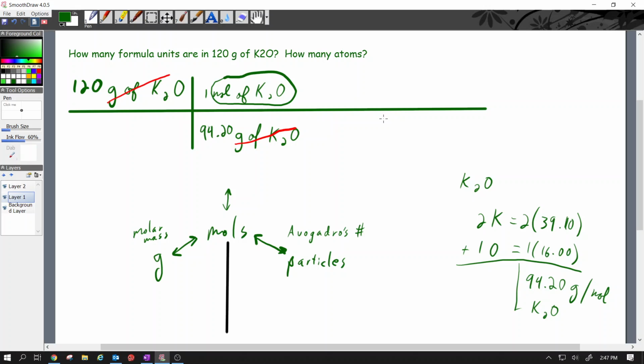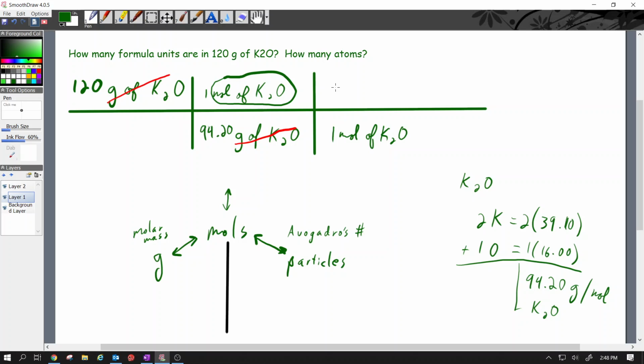So at that point, we're going to have moles. Well, if you want, you can start a new fraction grid. I'm going to continue on this fraction grid, and I'm going to say, hey, 1 mole of K2O has how many formula units or how many particles?